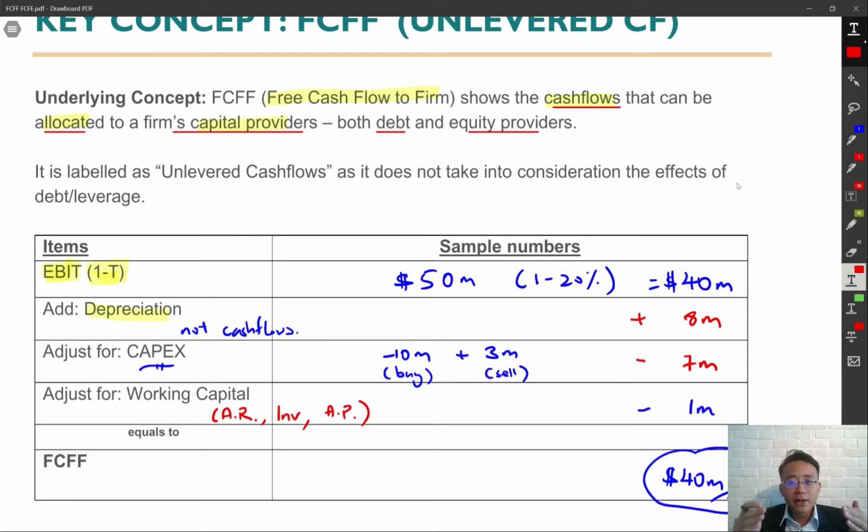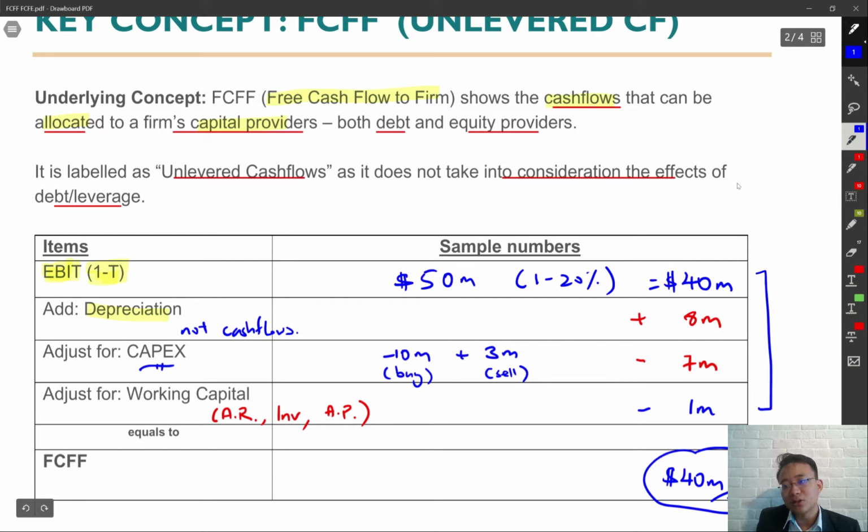It shows you how much money you have left to distribute to debt holders and equity holders. It is also called unlevered cash flows because it doesn't take into consideration the effects of debt or leverage. When you look here, do you see anything related to debt or leverage?